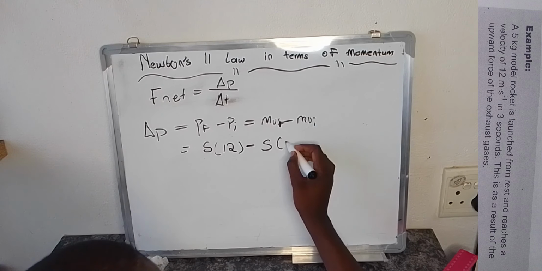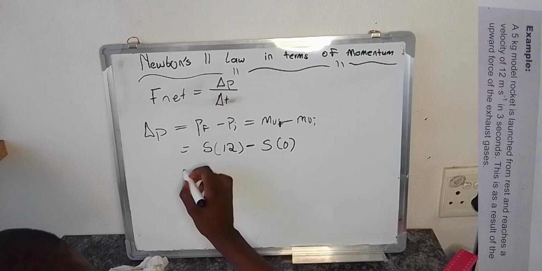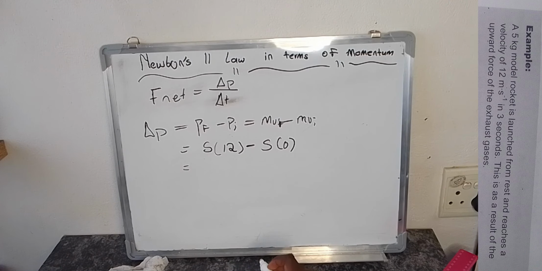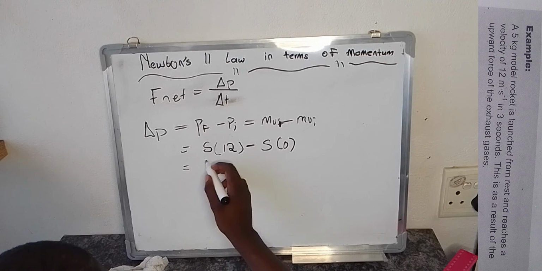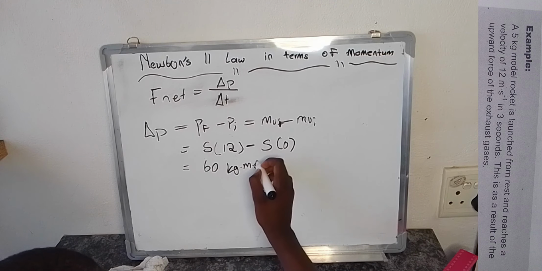The initial velocity is 0 because the rocket was launched from rest. Therefore, the change in momentum is at least 60 kg meter per second.